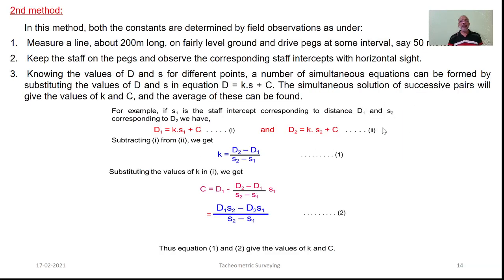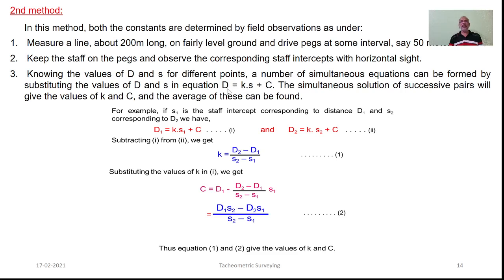In the second method, we can have some distance, say 200 meters, on fairly horizontal ground, and we can have the distance divided with some interval of, say, 50 meters. At each of these 50 meter intervals, we can keep the staff and take the reading corresponding to the upper stadia as well as the lower stadia.